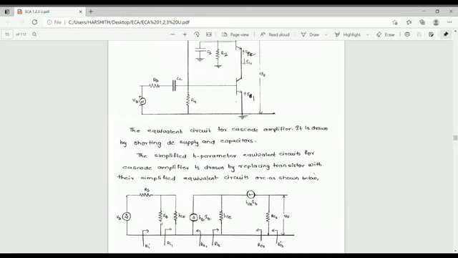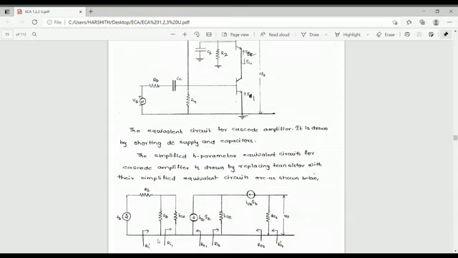This is the base resistance Rb, and this is the base B1, where IB1 is flowing through HIE.